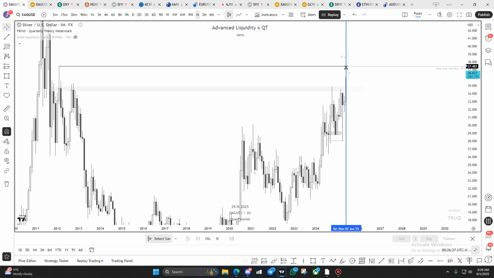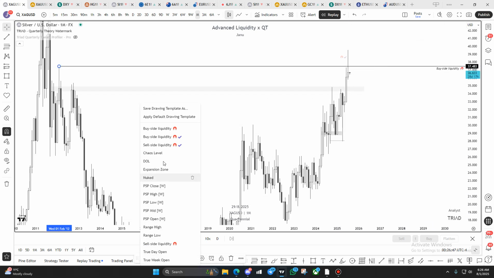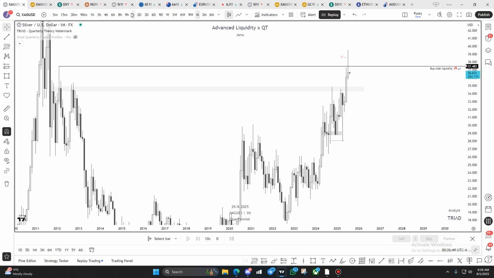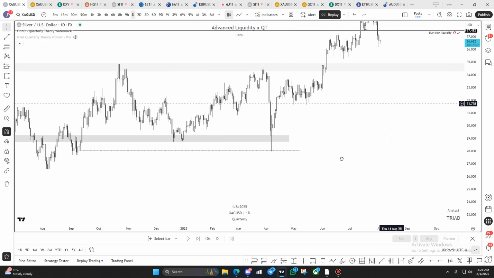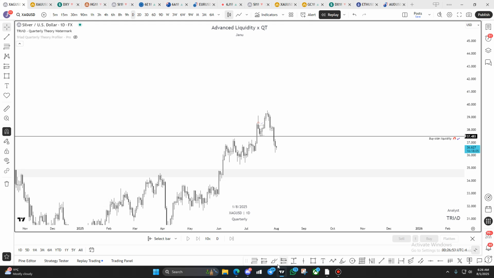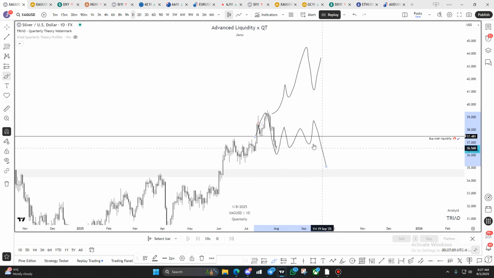A swing high. So what do we say? We anticipate people to short the resistance and put their stop loss at the swing high, and that is our target. So the target for buy side liquidity was cleared, and we don't necessarily expect silver to continue with this very aggressive expansion. Maybe if anything, something like this for a while.